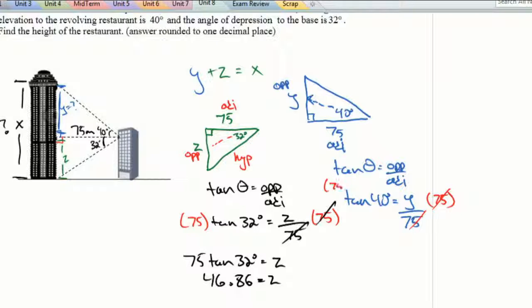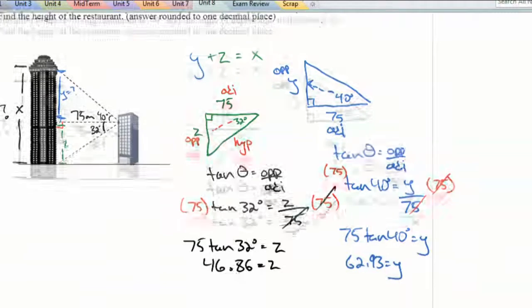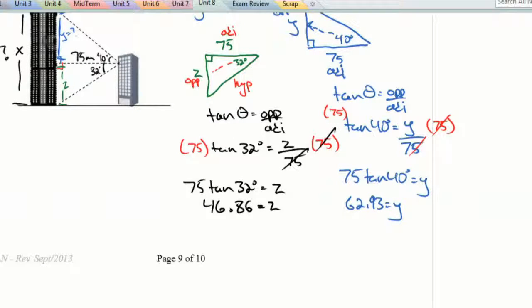Multiply both sides by 75. And I get 75 times the tangent of 40 degrees is y. So 62.93. Now I just need to add these things together.